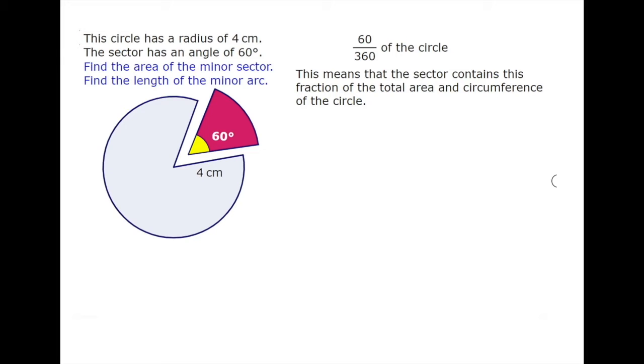We can use this fact to help us with finding the area of the sector. Now let's think about if you find the area of the whole circle. The area of a circle, hopefully you all remember the song, is pi r squared. Okay. However, we only want to find the area of the sector.